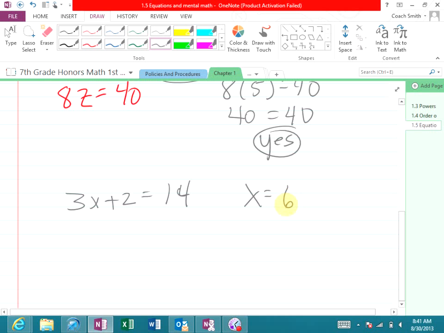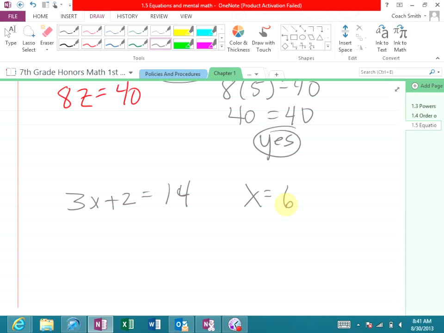Okay? And so we want to know, remember, anytime you see a number right next to a variable, you're always going to multiply. If there's no sign in between, like we had here at the first, 8z, now we have 3x. Anytime there's not a mathematical symbol between the number and the variable, it means to multiply.